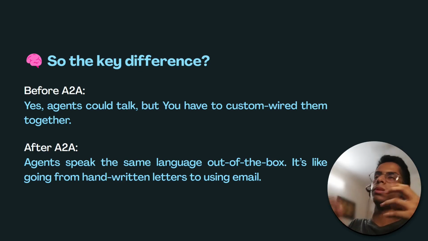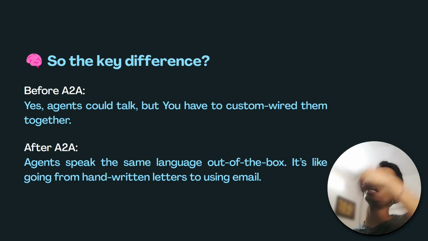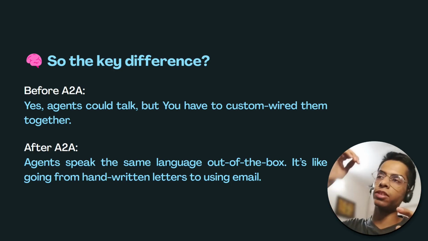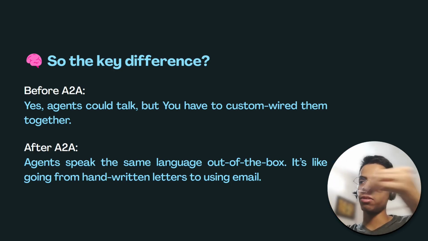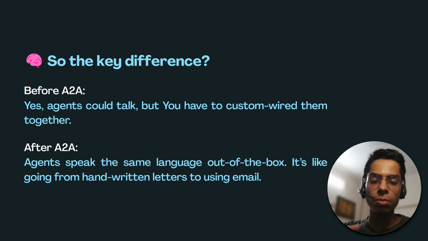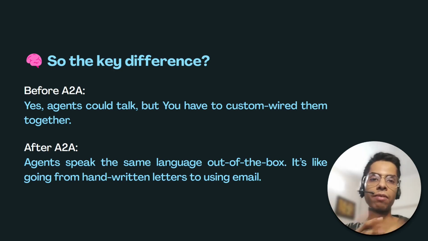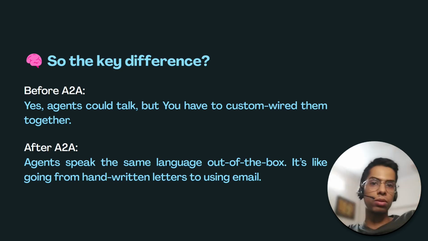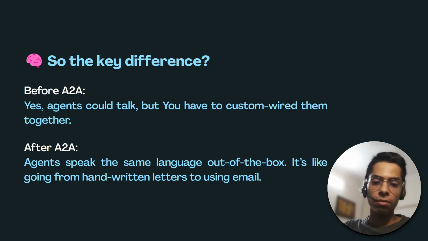So let me tell you the analogy. Think about people from different countries gathering together somewhere. One speaks French, one speaks Spanish, one speaks English, one Hindi, one Chinese, and so on, and they want to communicate with each other, but they will not be able to, because everyone has their own set of standards, their own language, their own protocols in their own countries. When they gather together, there's no way they'll be able to talk with each other.